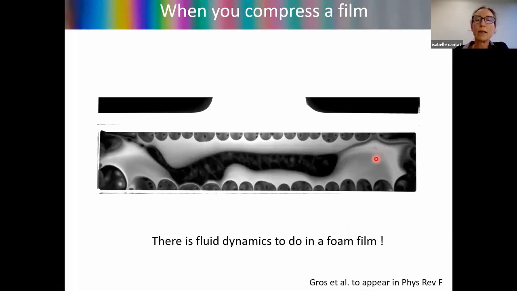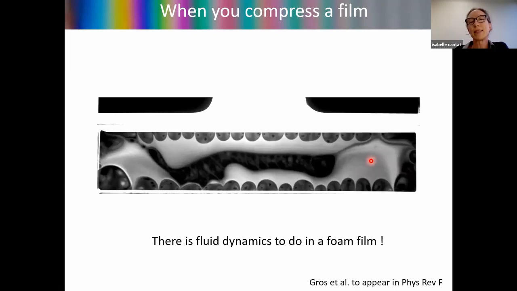So this time, white means thick and black means thin film. It's simply fluorescence emission. So my first message is that there is fluid dynamics to do in a foam film. There is plenty of complex behavior, and the velocity field may be very difficult to predict.